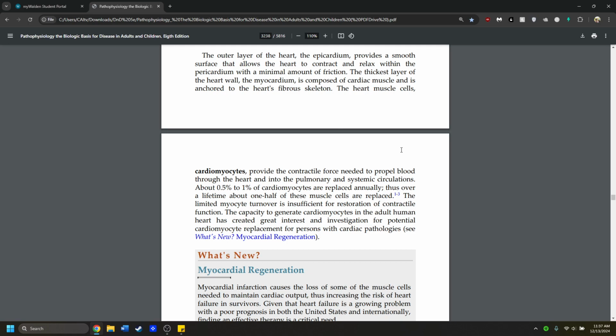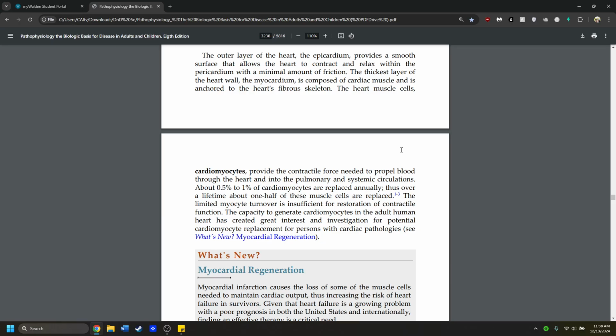About 0.5% to 1% of cardiomyocytes are replaced annually. Thus, over a lifetime, about one-half of these muscle cells are replaced. The limited myocyte turnover is insufficient for restoration of contractile function.